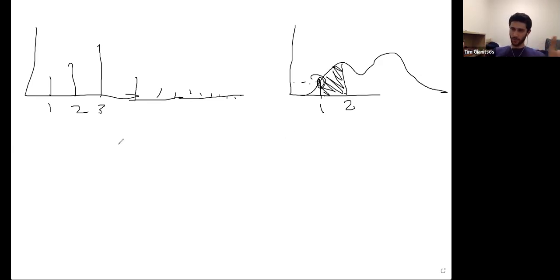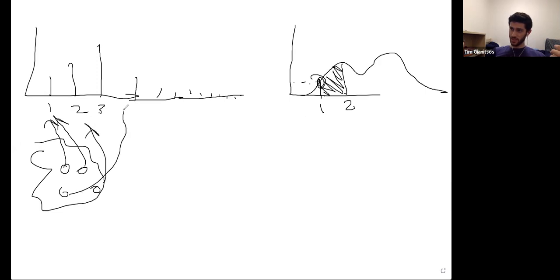By the way, we talked a bit about the sample space, and I'm not going to spend too long on this. In the discrete case, you've got a finite number of things. This is the sample space, and the random variable is just a function that maps these items to the number line. In the continuous case, it's a bit more complicated because there's an uncountably infinite number of items.